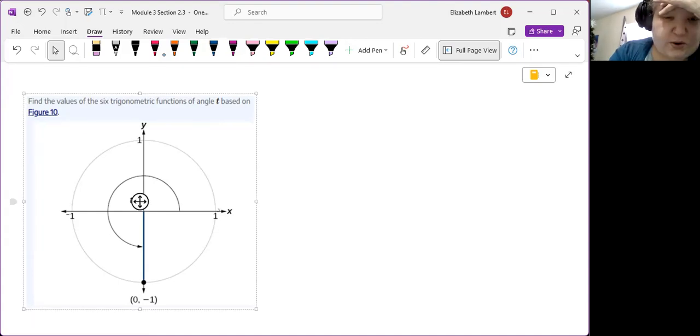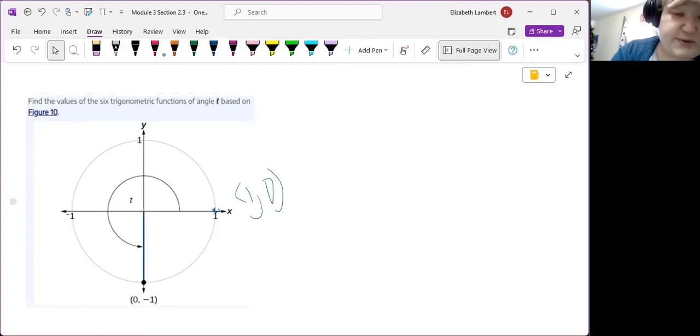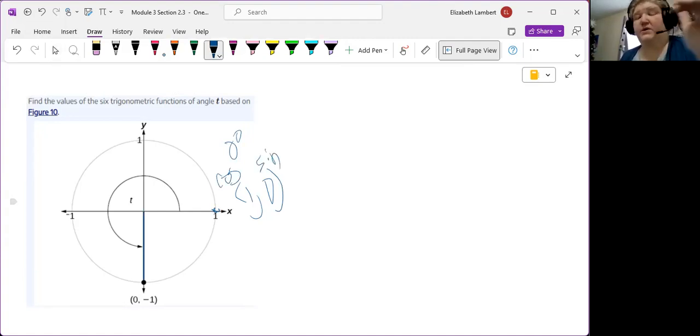Since the ordered pair for this point is 1, 0, and I know this is 0 degrees, that's how I would remember, oh, cosine goes to 1, sine goes to 0. But the one we're looking at is way down here, 0, comma, -1.